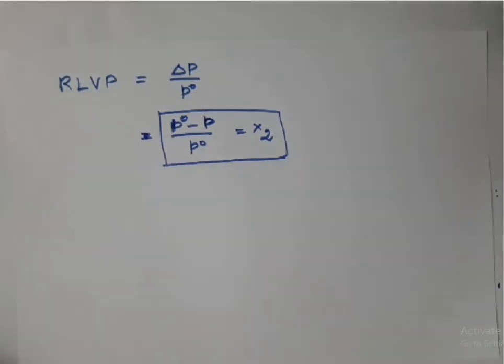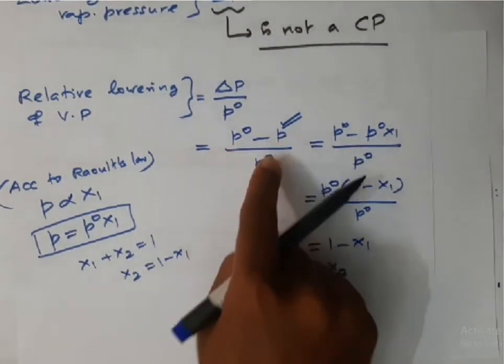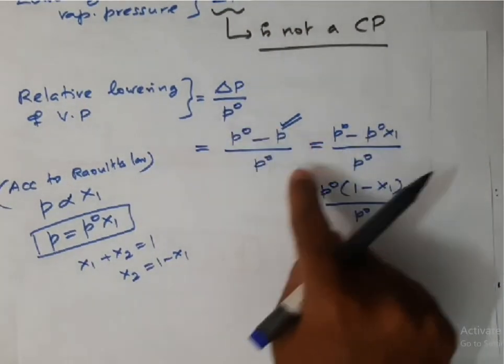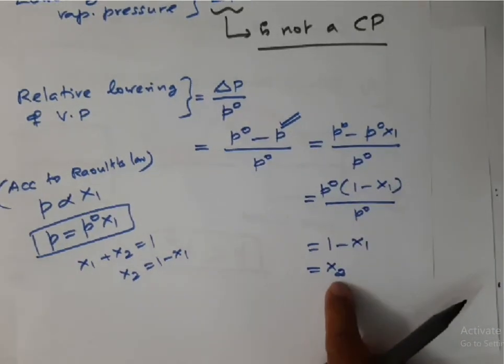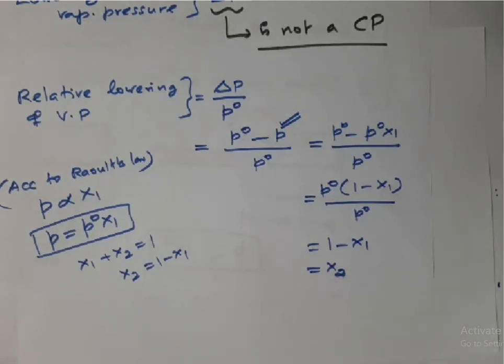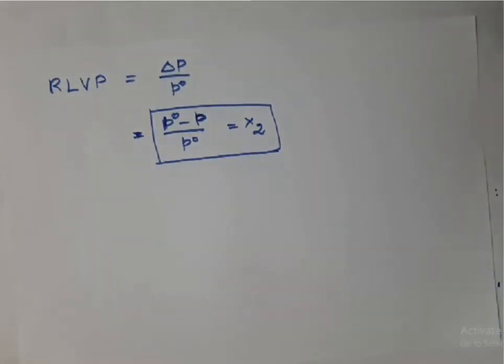Just now we have derived this. P naught minus P by P naught is called relative lowering of vapor pressure. This is equal to mole fraction of solute, number 2 means solute, equal to mole fraction of solute present in the solution. So this is the expression for relative lowering of vapor pressure.